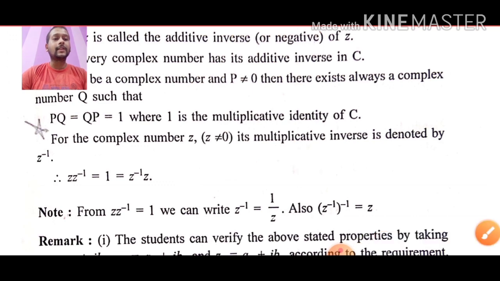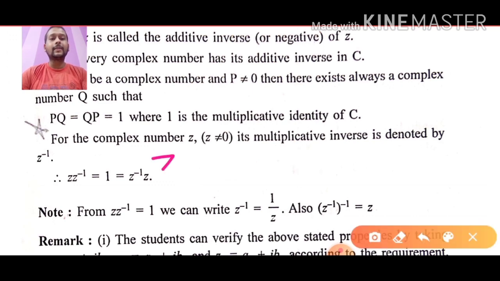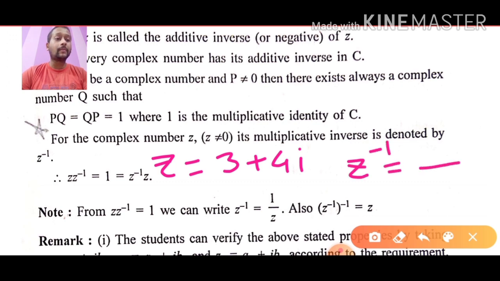I will give you another example. Say the complex number z is 3 plus 4i, then z inverse will be 1 by z, which means 1 by 3 plus 4i.